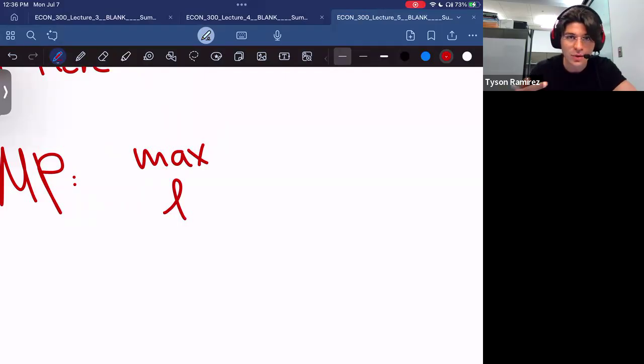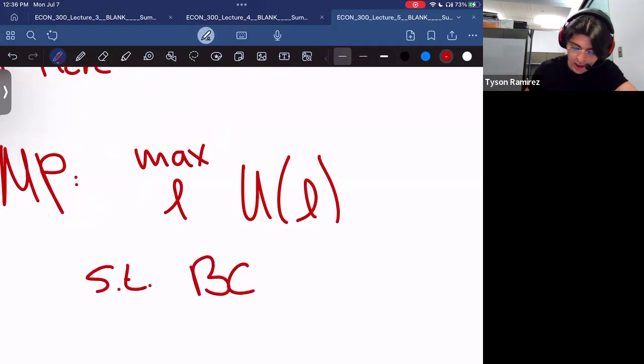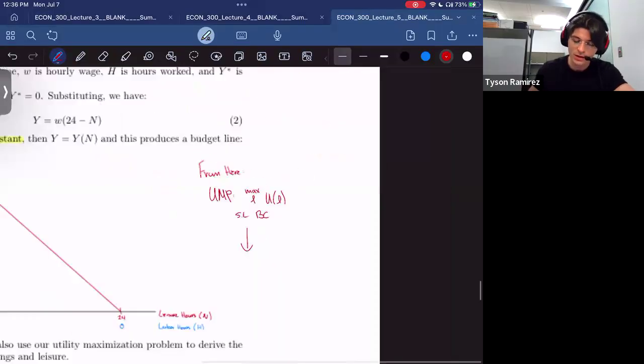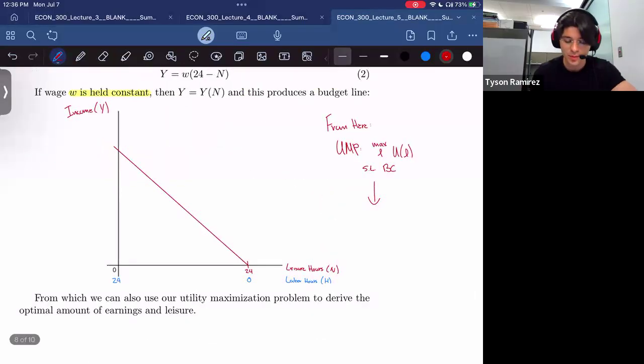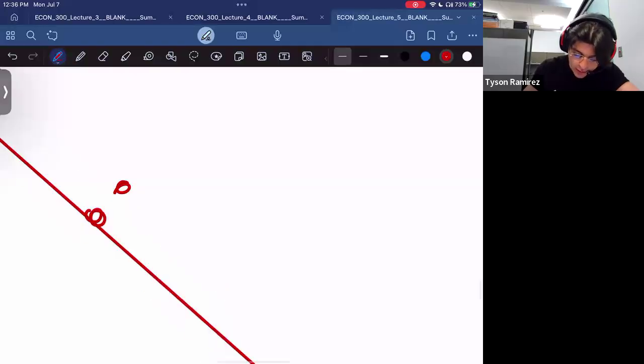Let's say lowercase l right here is leisure. They would max their utility from leisure, subject to their budget constraint. And then this would give us the optimal amount of income and free time that they would want. And you just call that E or E star.